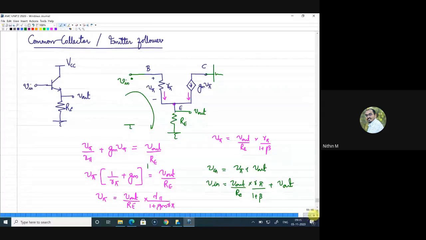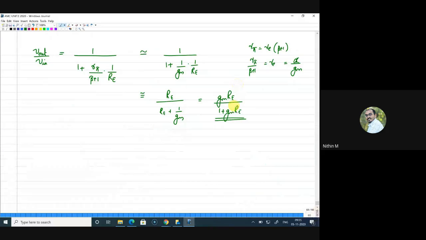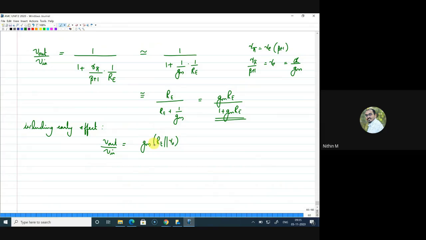So you can modify the final expression by substituting R naught in parallel to RE. Including early effect, V out by V in is Gm into RE parallel R0 divided by 1 plus Gm into RE parallel R0.